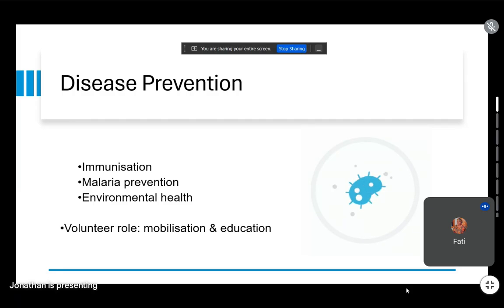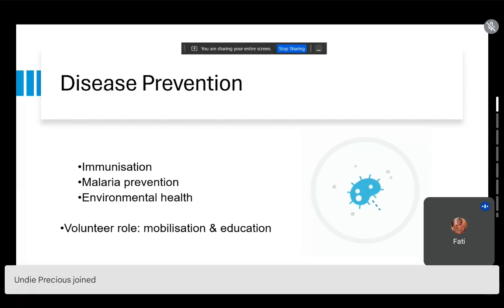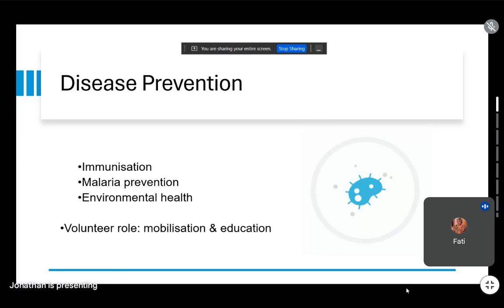Sometimes you could be educating people on how to avoid mosquito bites. There are people who have all the means to prevent mosquito bites in their homes, but for one reason or the other, they unduly stay outside and get bitten before they get into their homes.